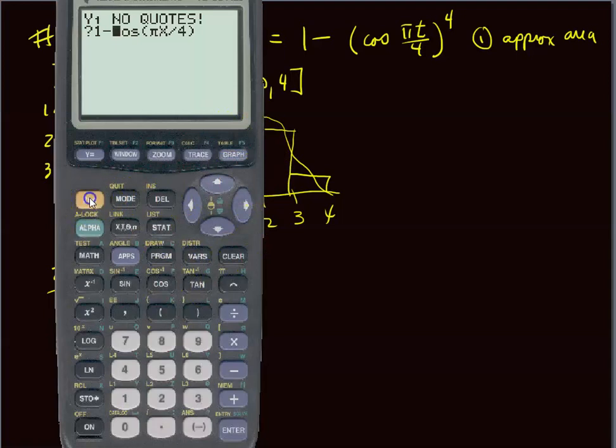So to insert something, second delete, the insert is above that, so second insert. Now I got to insert the cosine also. Left parenthesis cosine. You'll see the cursor change into an underscore instead of a box. Then you know you're in insert mode and things will get pushed to the right. Now we need a parenthesis to the 4th. So this whole thing here with the cosine is to the 4th.